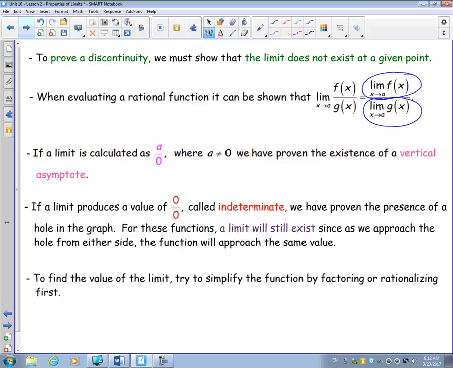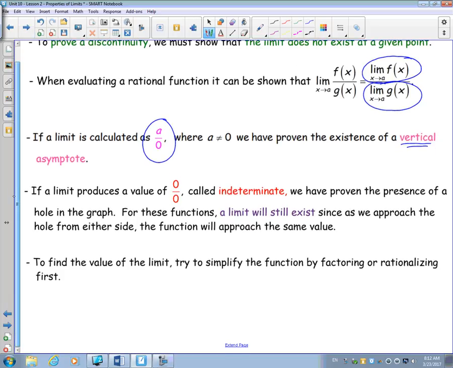If it comes out to a number, then hey, that's where the graph approaches, a number. But if it comes out to something over 0, then you've proven there's a vertical asymptote automatically. As soon as you see something over 0, a vertical asymptote. If you try it and you get a value of 0 over 0, we call that indeterminate, and you've proven the presence of a hole in the graph. Okay, so those are our options.